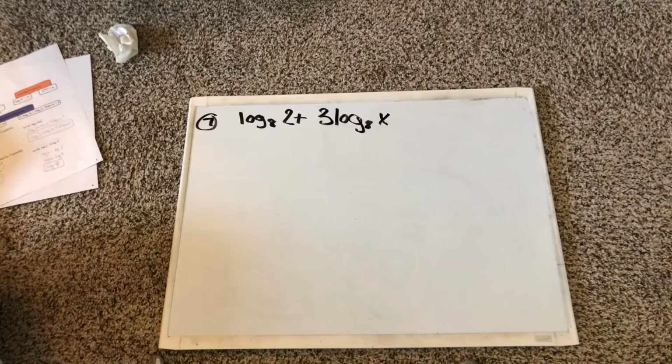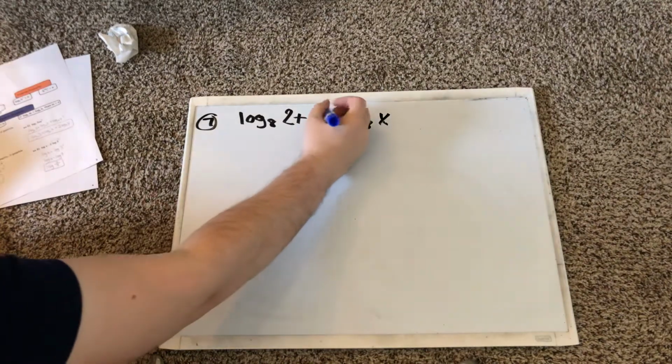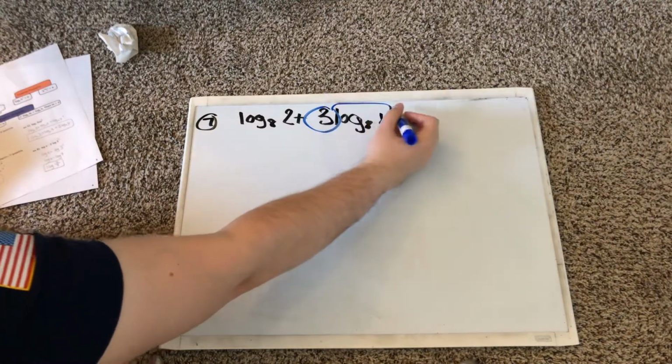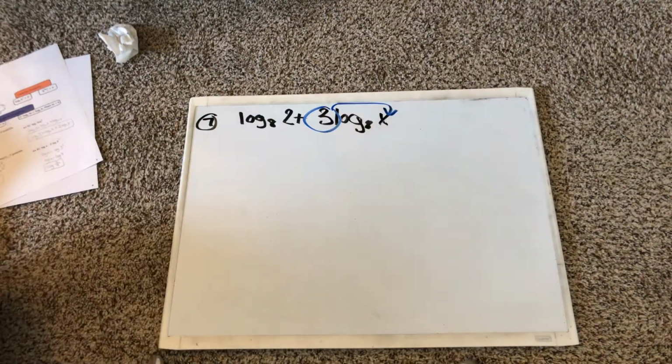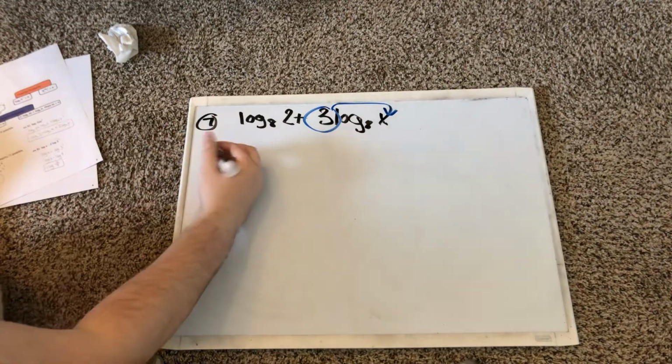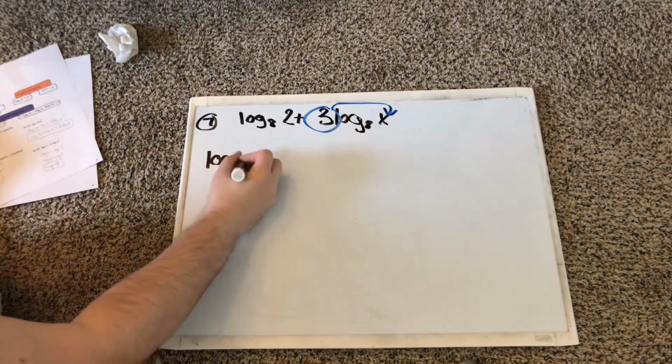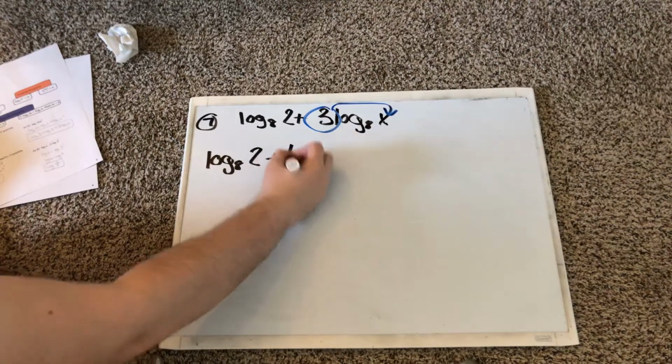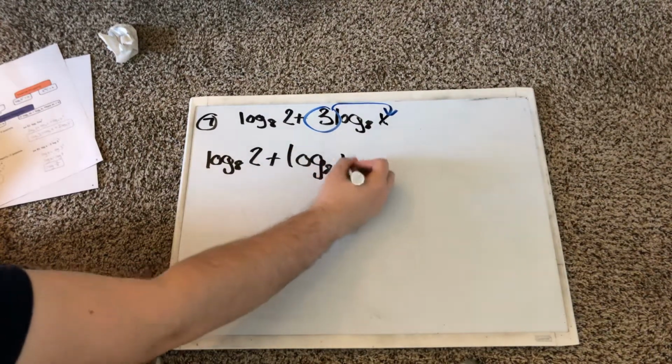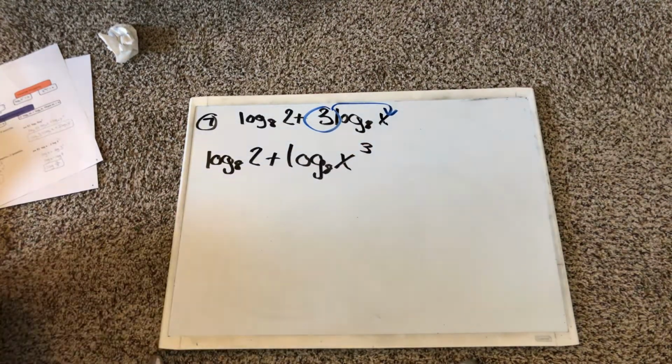So what I'm going to do first, order of operations. Please excuse my dear Aunt Sally, do I have parentheses? No. Do I have exponents? Well, yeah, I had this 3 out in front, which means I'm going to move that to make it an exponent. So I have log base 8 of 2 plus log base 8, and this becomes x to the third.